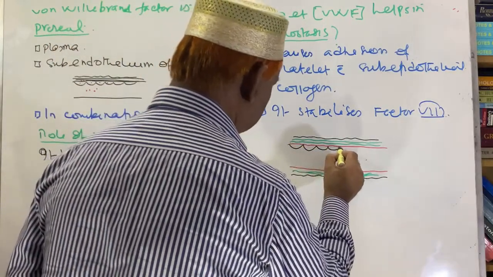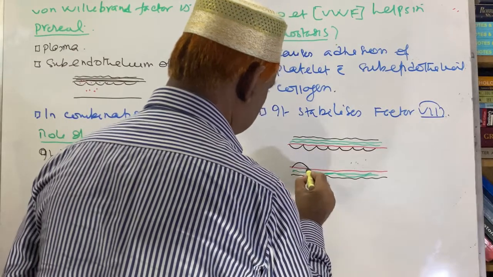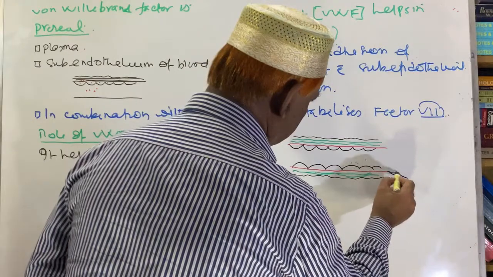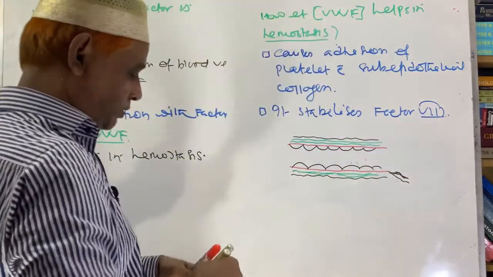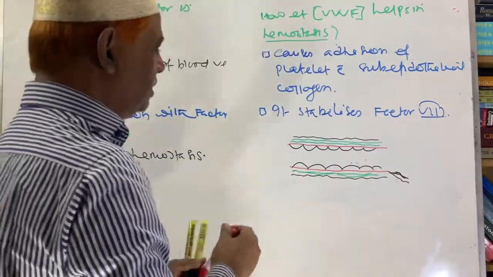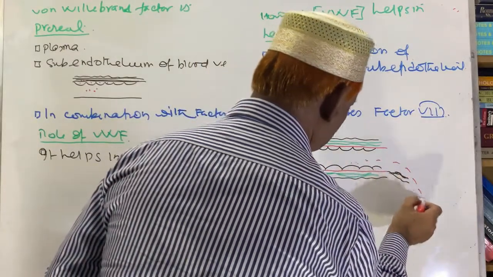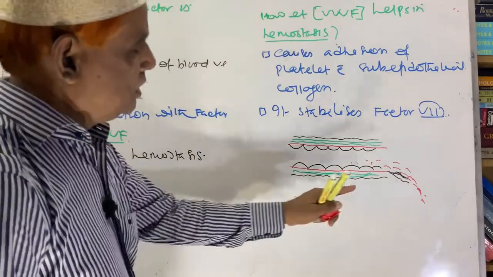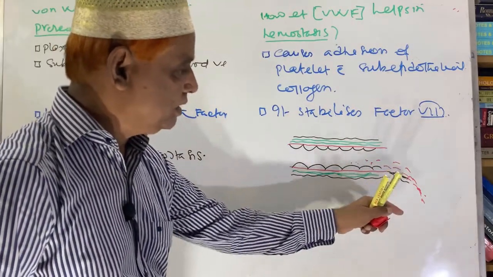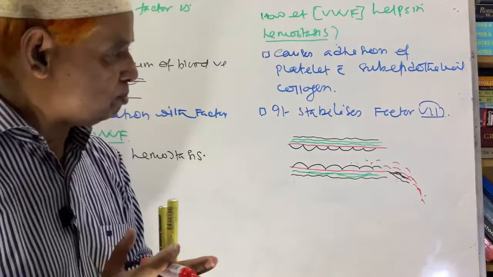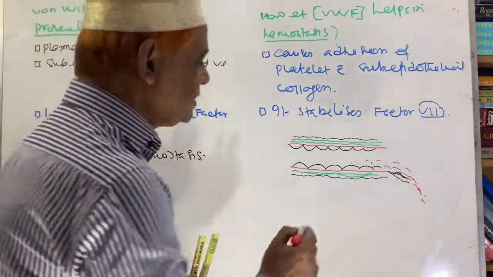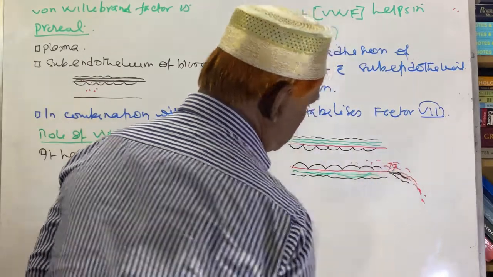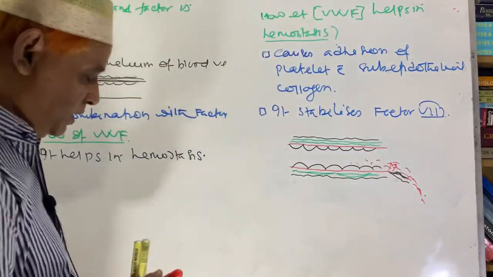If there is injury to the blood vessel, there will be hemorrhage. During normal hemostasis, at the injured part the blood vessel first constricts. As there is injury, there is exposure of subendothelial collagen fiber.